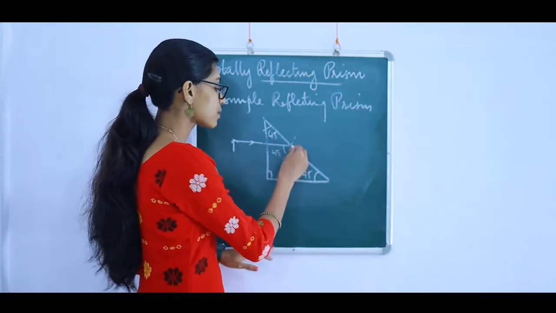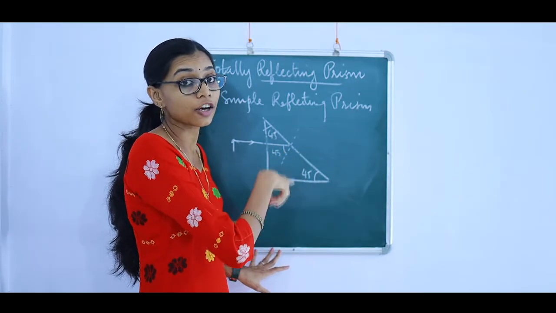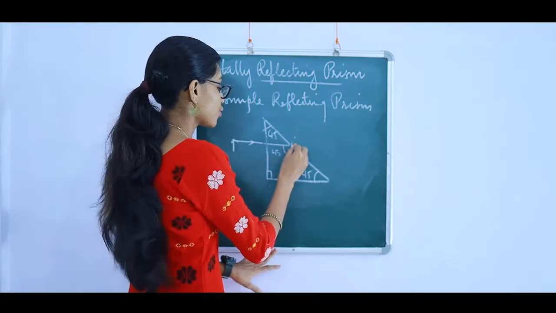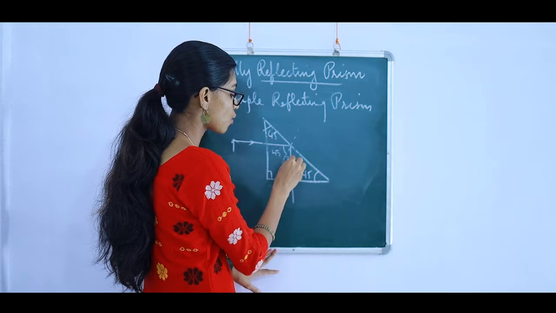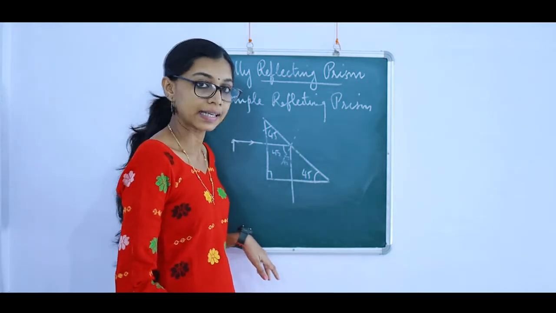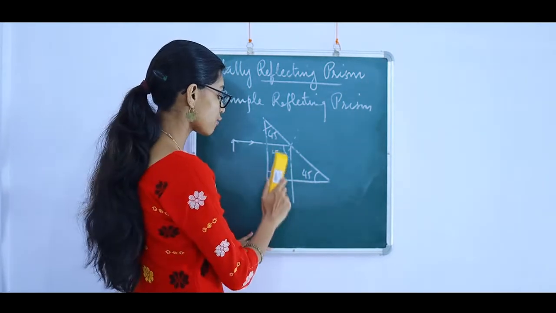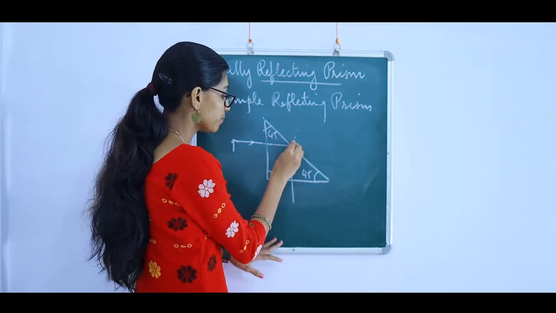If it is reflecting, the angle of incidence will have to equal the angle of reflection also. So this goes straight like this and this angle is also 45 degree. Now the same way, I'm drawing all these 45 degree angles. You have your normal.